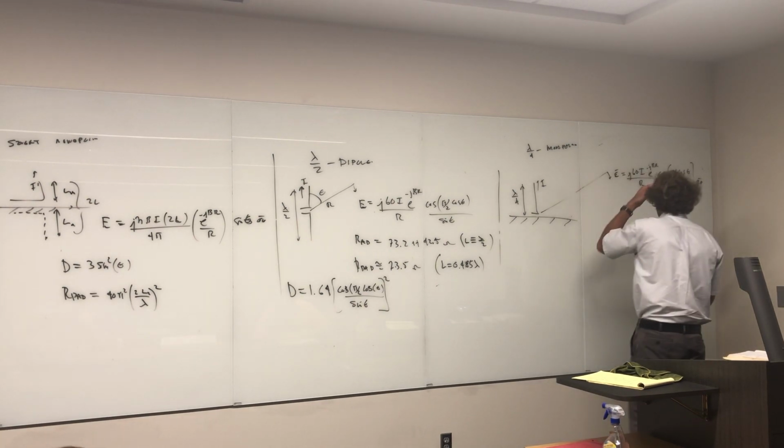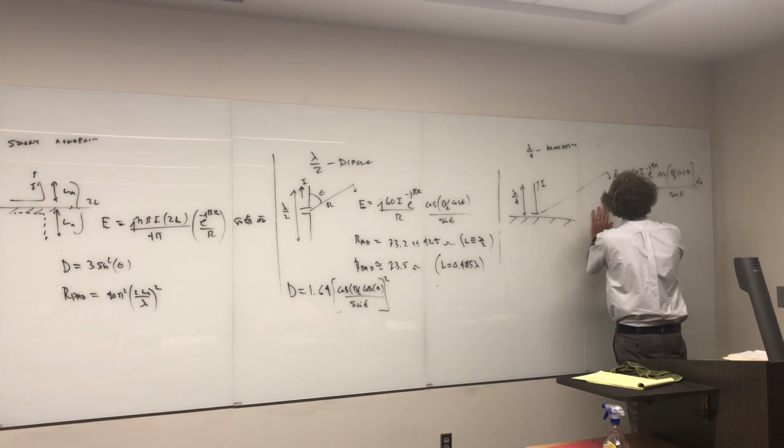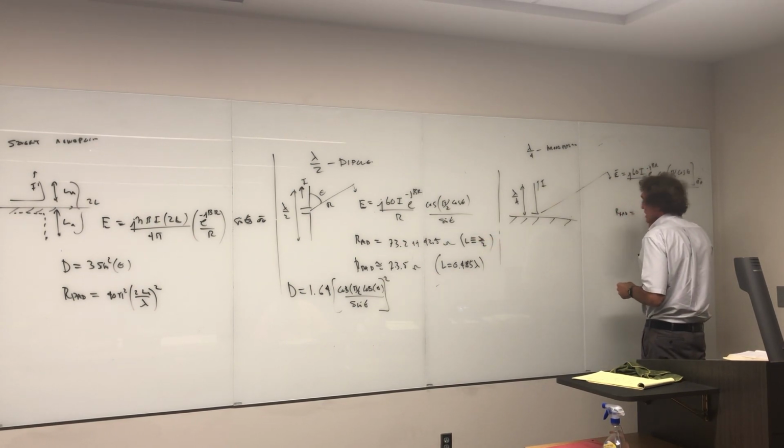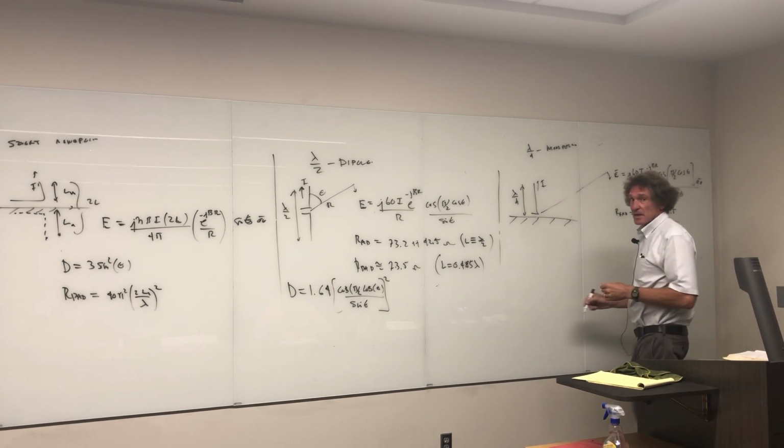I also, from this, can say that the radiation resistance here will be exactly half that. So it's going to be 73.2 plus j42.5 divided by 2. It's exactly half.